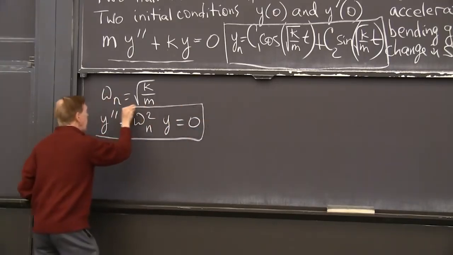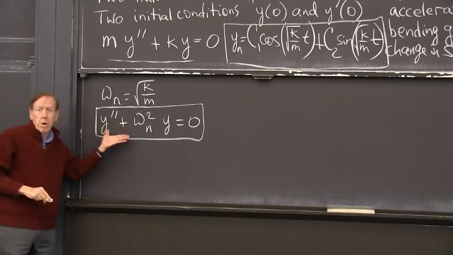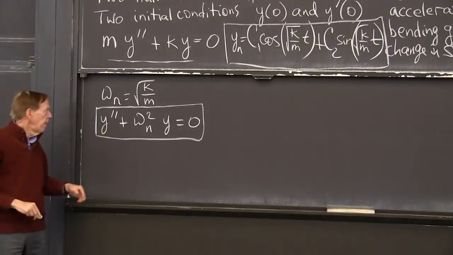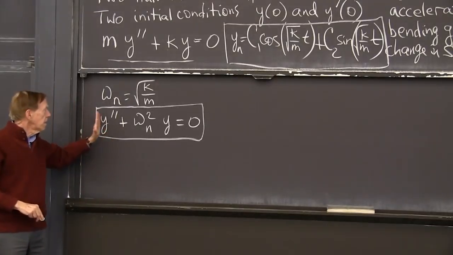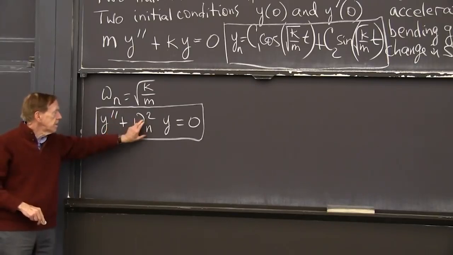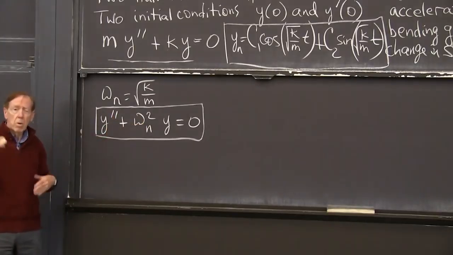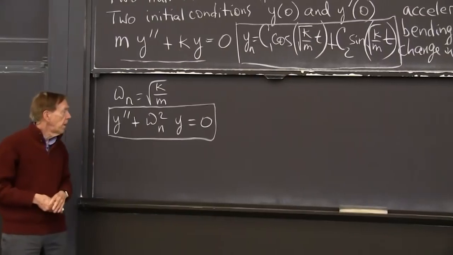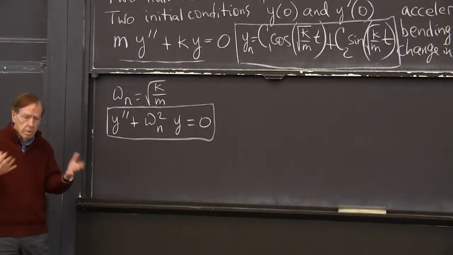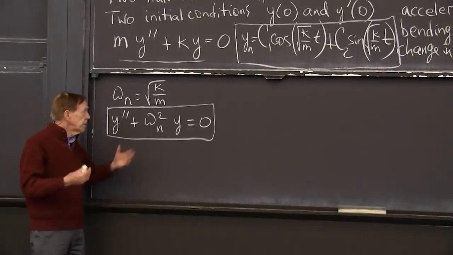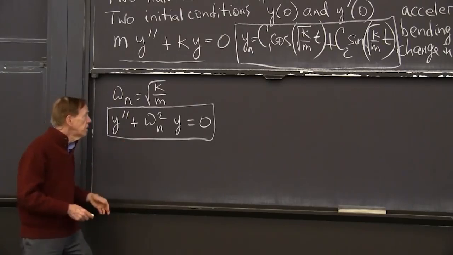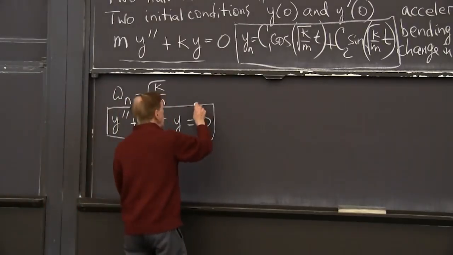Let's put a box around that one because you couldn't be better than that. The constant a is 1, the constant b is 0, the constant c is a known omega n squared, depending on the pendulum itself.